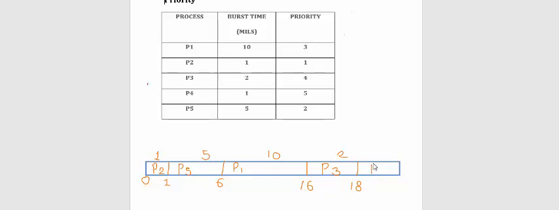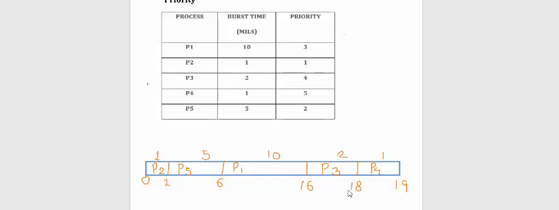And finally, P4 is going to be executed for 1 millisecond. 18 plus 1 gives you 19. So this is the complete execution of your processes P1, P2, P3, P4 and P5 with the priorities 3, 1, 4, 5 and 2.